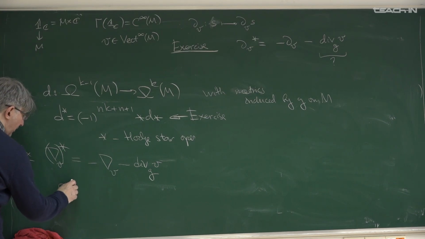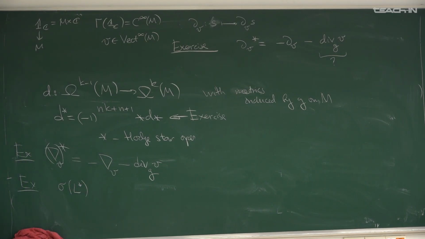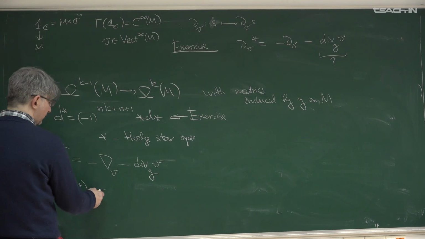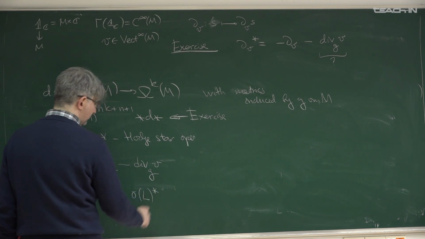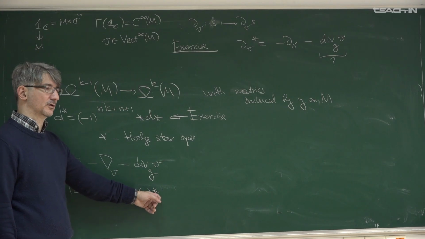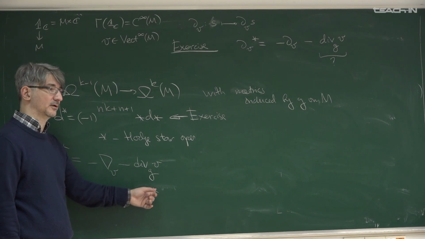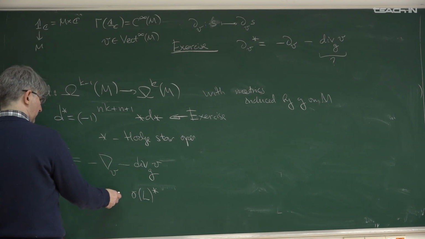What can we say about symbol of formal adjoint operator? Also an exercise. The answer is the same. They are more or less the same. So this is a linear operator, and this one is formal adjoint operator in a sense of linear operators. But it contains minus 1 to the power of m.